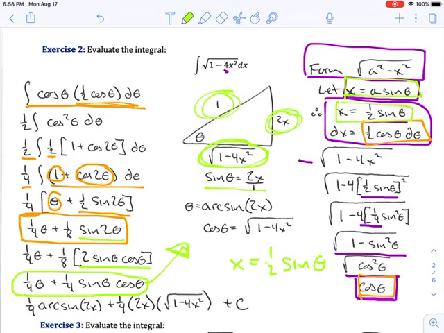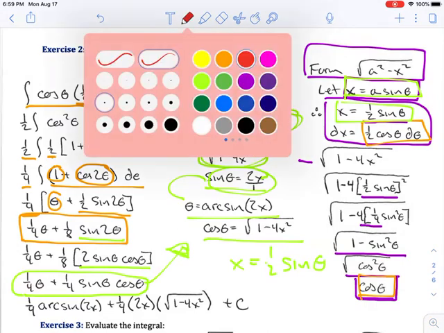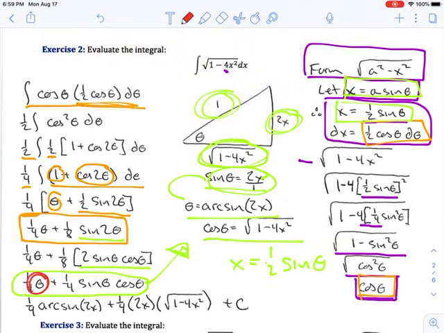If sine of theta is equal to 2x, then using inverse trigonometric functions, theta is the arcsine of 2x, and the cosine of theta is simply the square root of 1 minus 4x squared. We have to substitute all of those in there. We have a theta here, so theta is arcsine of 2x.